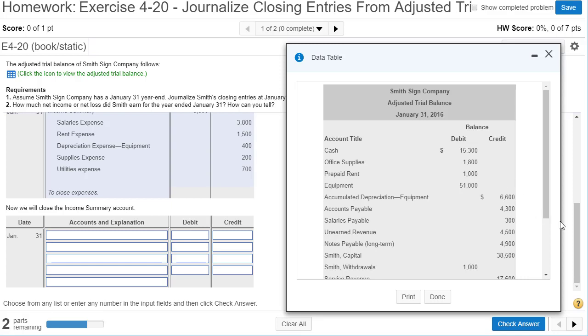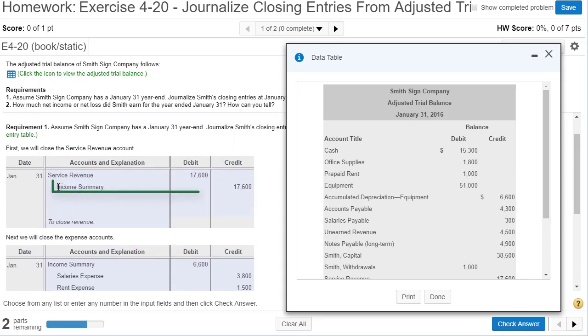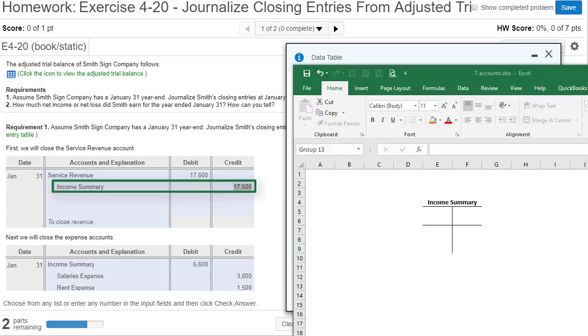So I'm going to scroll up and find the first time we affected income summary, which was right here. So we closed out 17,600. So I need to post this to my T account. Notice it's 17,600, and these are revenues, by the way. So I am posting it on the right side.